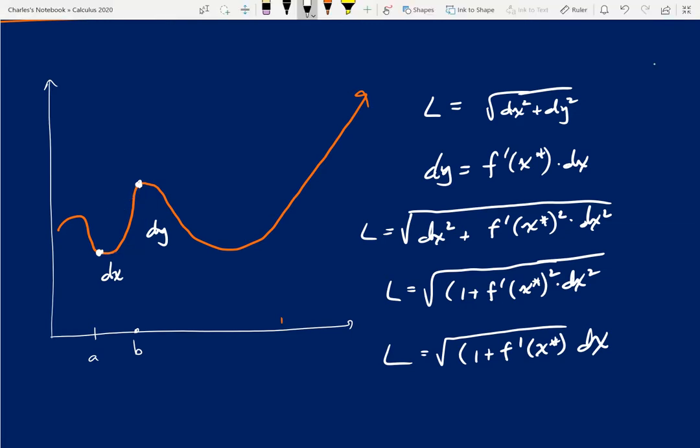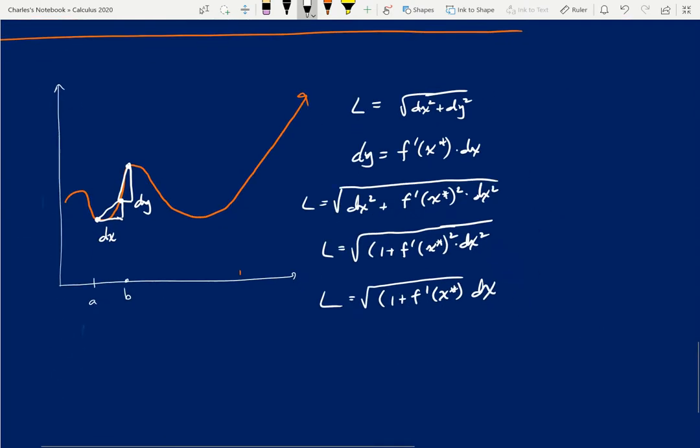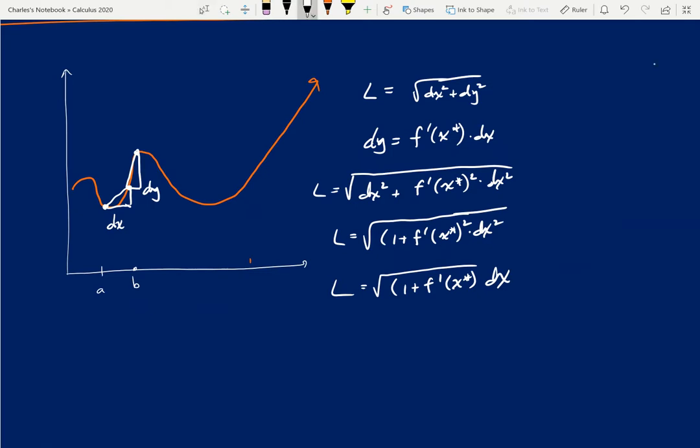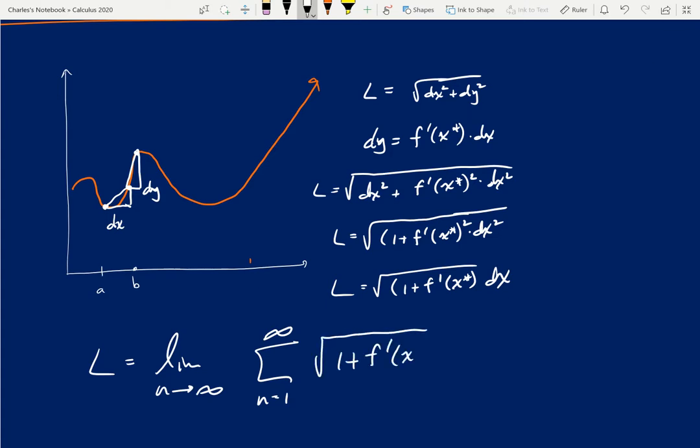And then you could probably see this coming, that I don't want to use a crude estimate. I want to be more precise. And so I could actually calculate this as two different lines like that. And the more of those that I get, the closer to an accurate estimate I would be. And what would that actually look like? L would equal the limit as n goes to infinity of the sum from i equals 1 to n of the square root of 1 plus f prime of x star star sub i squared times dx.